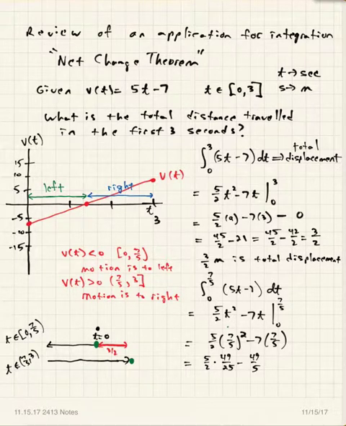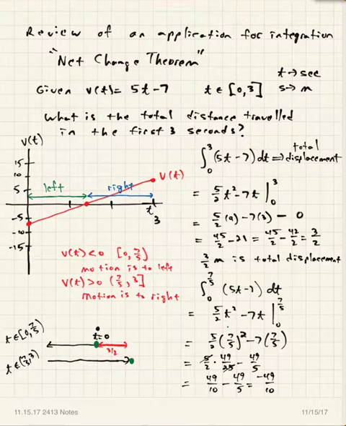So the 5 and the 25 cancel there, and that would be 49 over 10 minus 49 over 5. That would be 49 over 10 minus 98 over 10, or negative 49 over 10.